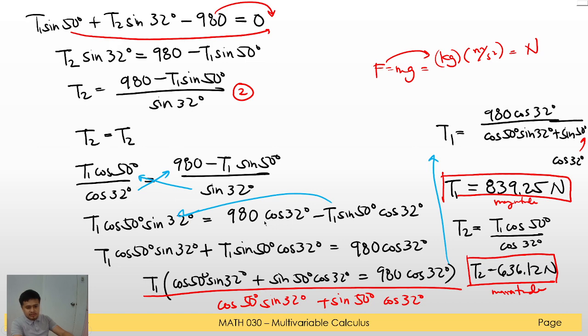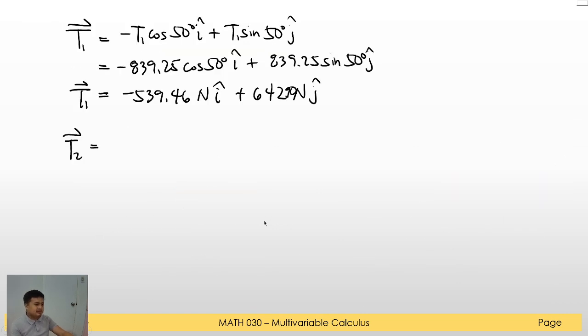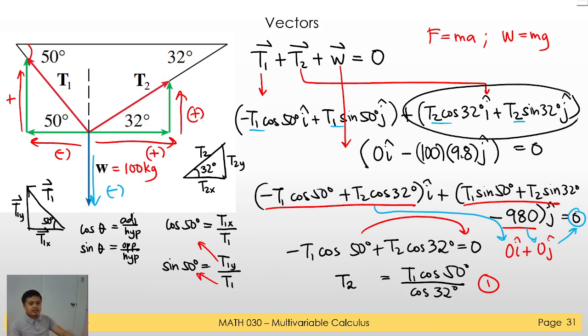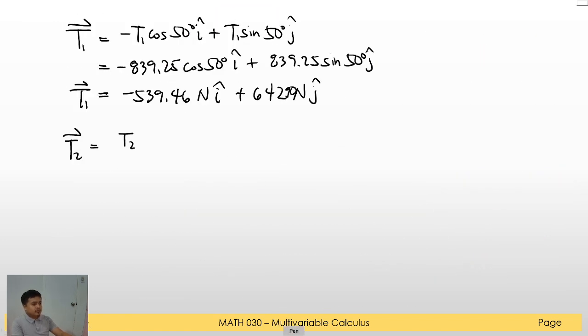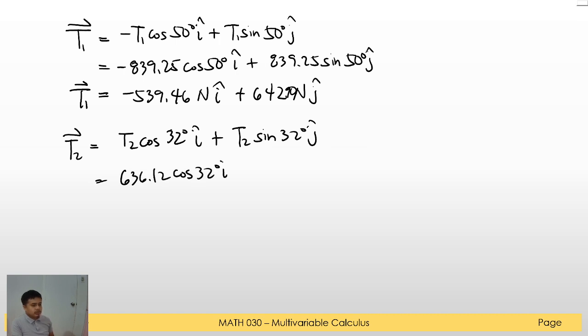And then for T2, we have 636.12. So again, we have T2 cosine 32 I hat plus T2 sine 32 J hat. So this will be equal to 636.12 cosine 32 plus 636.12 sine 32 J hat.